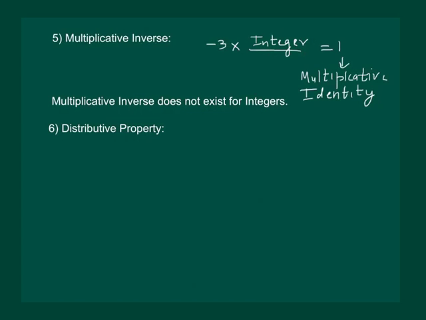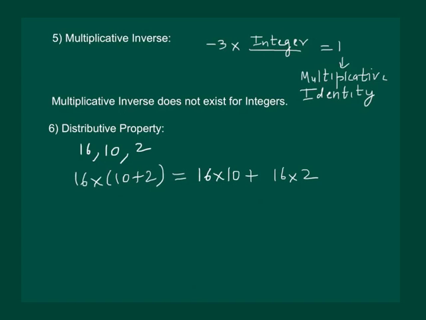Next property is the distributive property. This property says that if you have three integers, say 16, 10 and 2, and you are required to perform 16 multiplied by 10 plus 2, then multiplication can be distributed over addition, meaning it is the same as 16 into 10 plus 16 into 2.